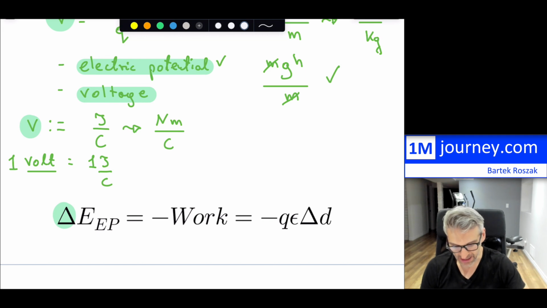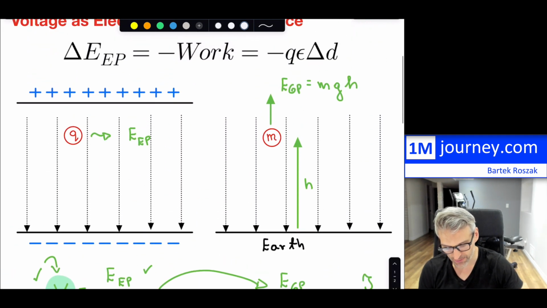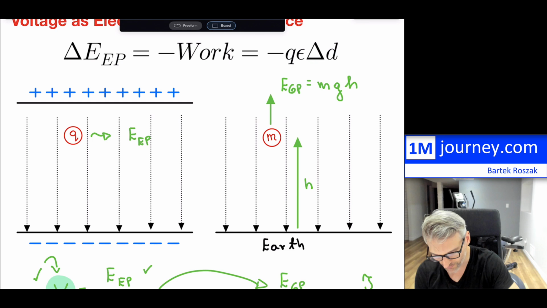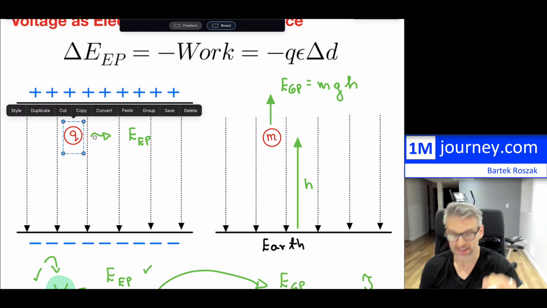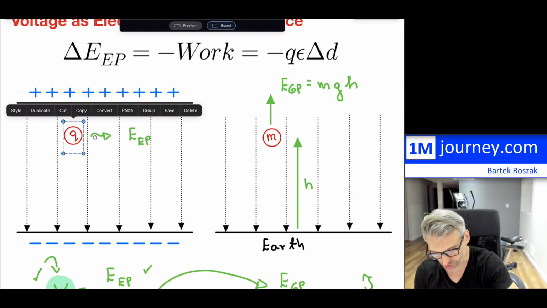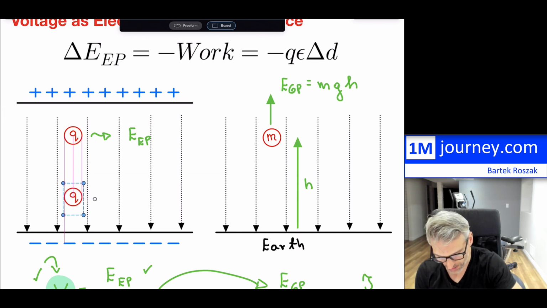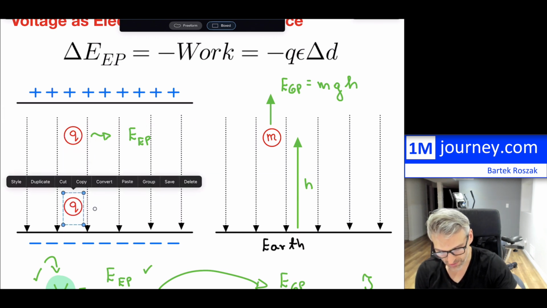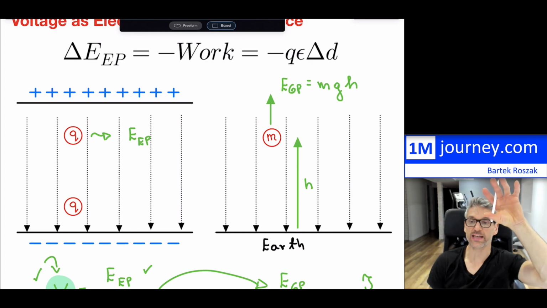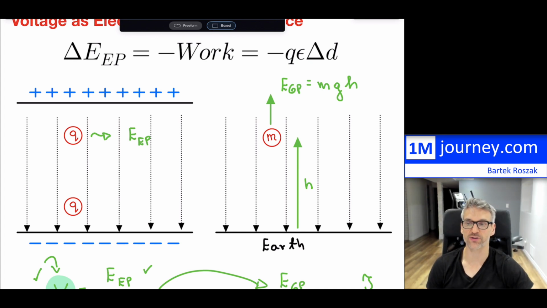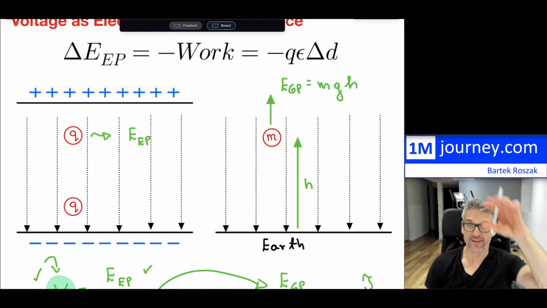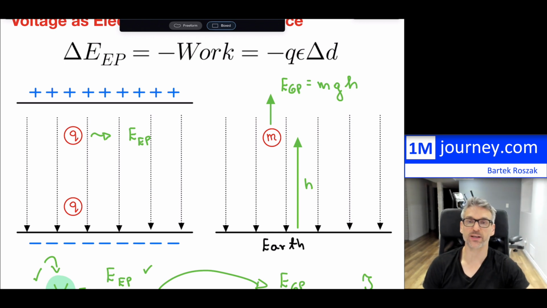And what did that mean? It meant how much work you would need to do on this particular charge, or how much the electric field would do, if you moved it from one point to another. So you have some initial amount of electric potential energy, that might be up on top. And then as you bring it down to another point, it will have a different amount of electric potential energy at that point.